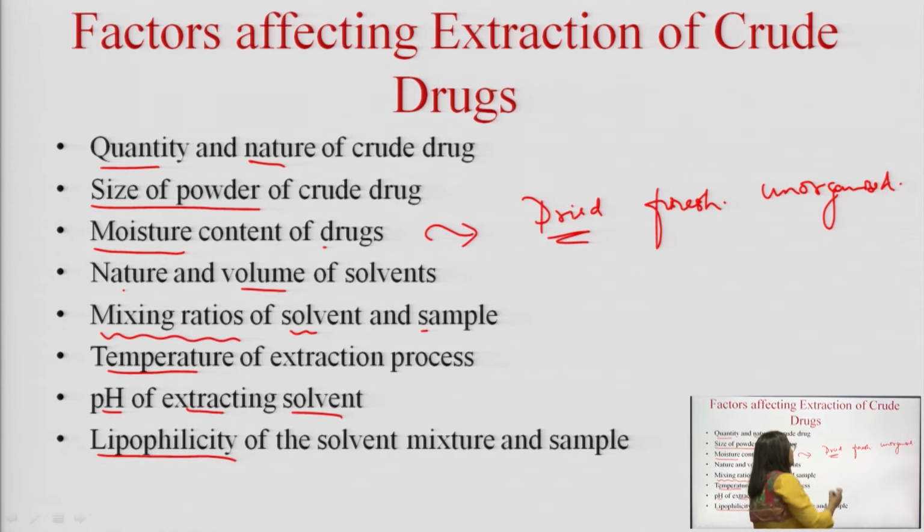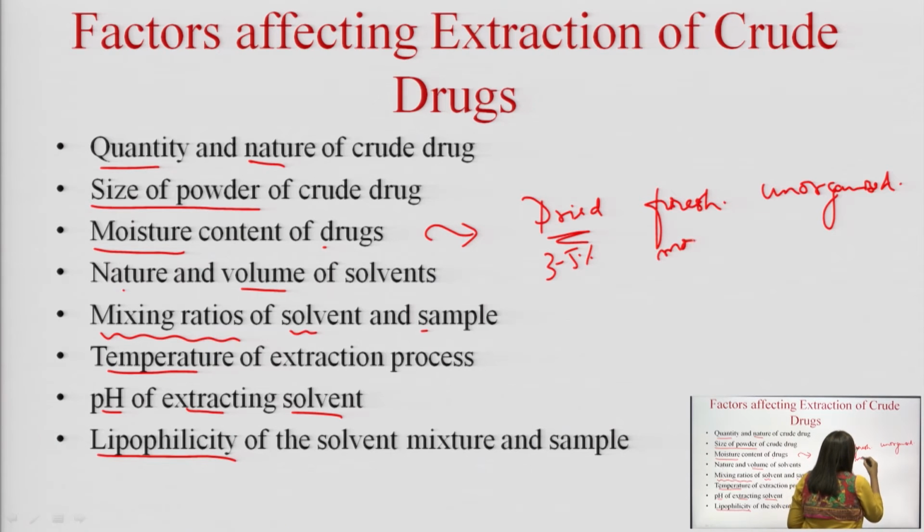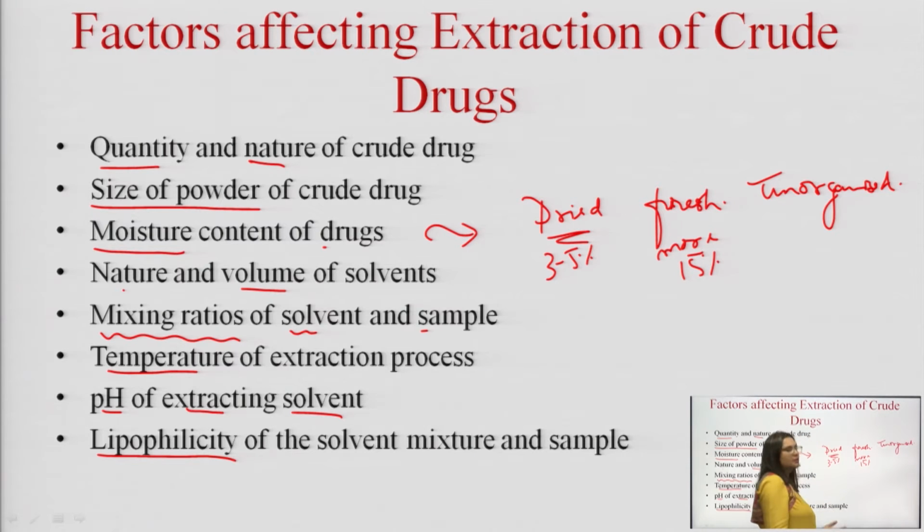In dry material almost 3 to 5% of moisture content is available. In fresh material more than 12% or 15% is available, and in unorganized drugs, the moisture content is variable.